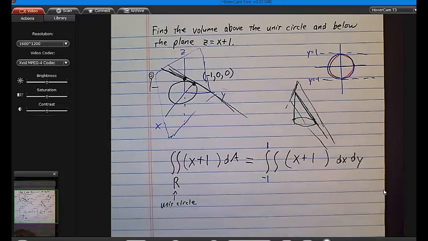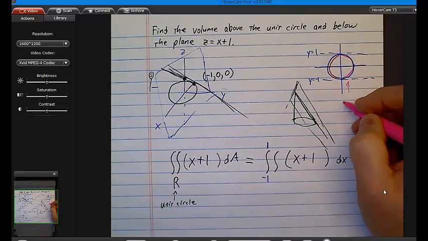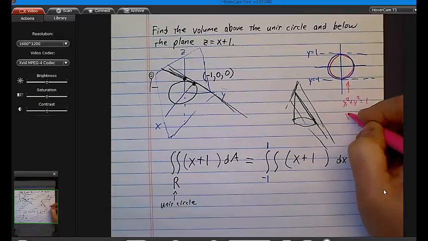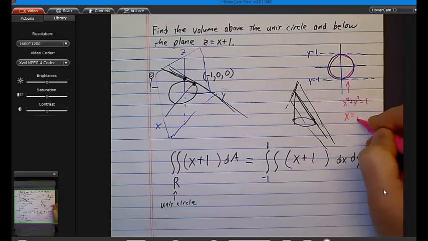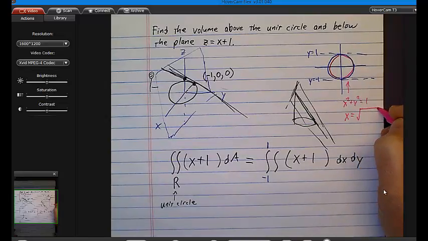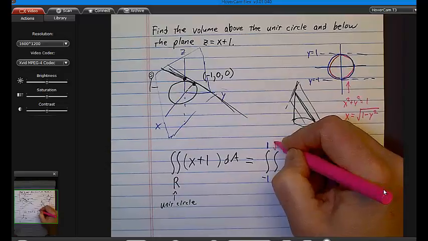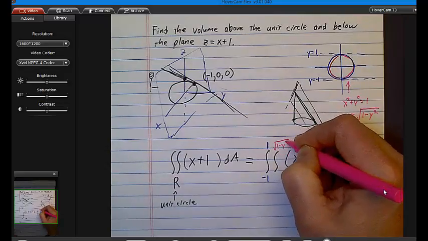Again, we have to solve for x, right? To get the pink function, I know that x squared plus y squared equals 1. So x is going to be the square root of 1 minus y squared.